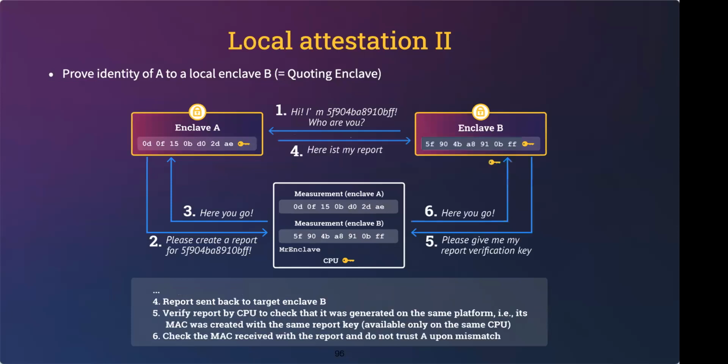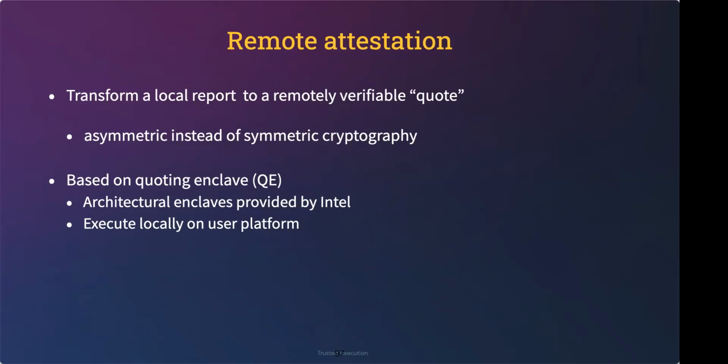And then enclave A can move that report over to enclave B. It talks to the CPU, saying, give me some key that I can use to verify that the report was not manipulated on the way to me. And then the CPU gives a key, and enclave B can verify the report and check that everything is okay. The report was not manipulated, and then enclave B signs it. And that is the flow of local attestation.